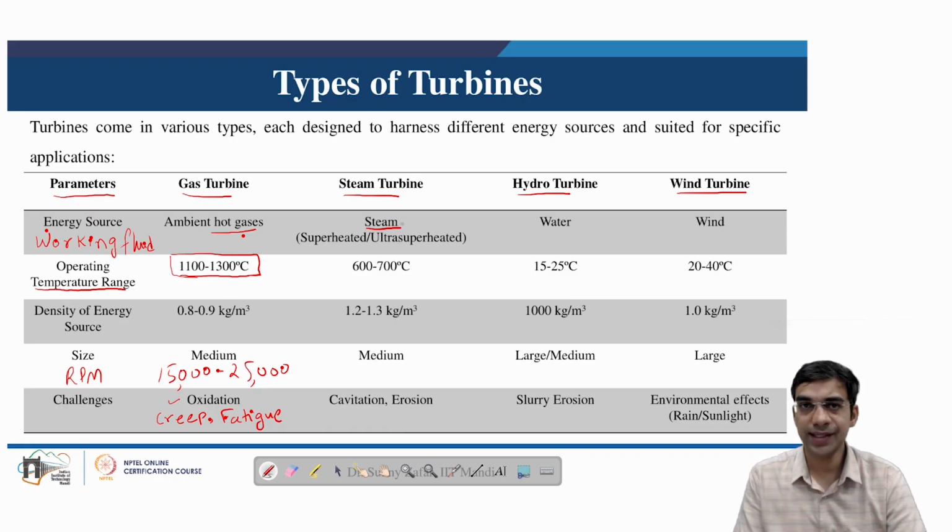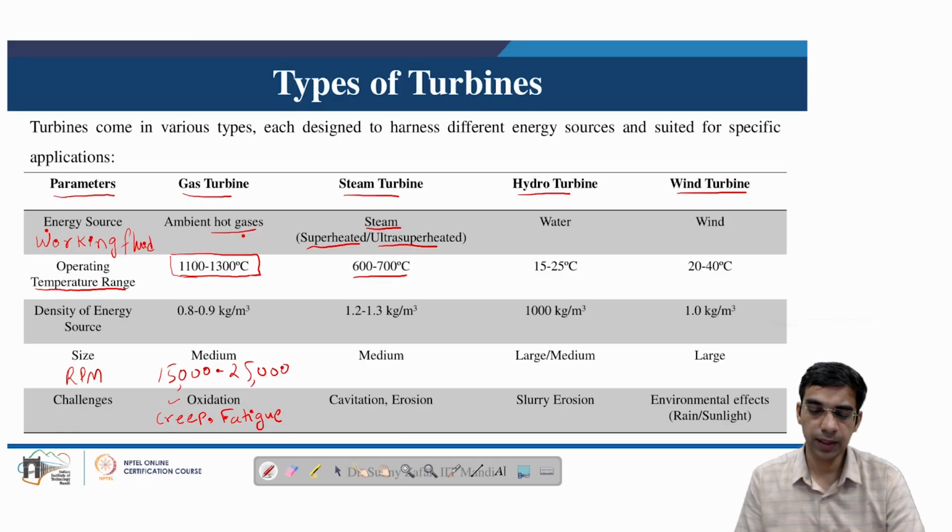In the steam turbine, the working fluid is steam, hence the name. And this is not just steam, but superheated or ultra superheated steam. Since the steam is superheated or ultra superheated, the operating temperature range of the steam turbine comes in the range of 600 to 700 degrees Celsius. The density of the working fluid, the superheated or ultra superheated steam, becomes 1.2 to 1.3 kilogram per meter cube.